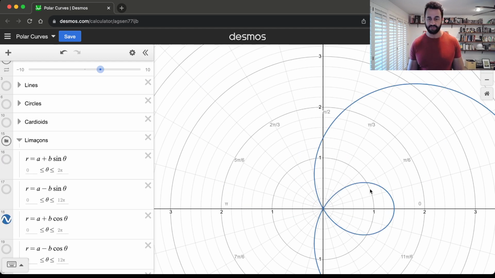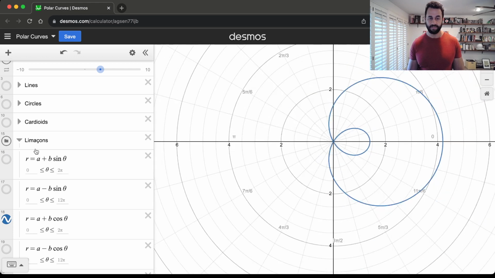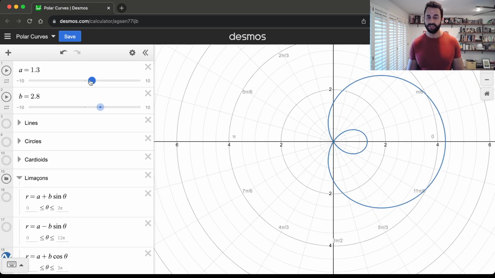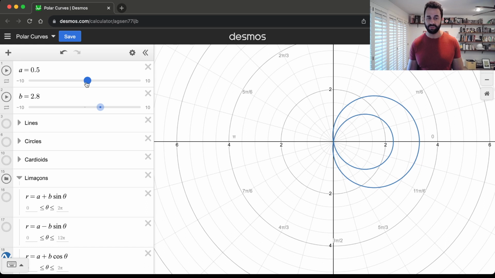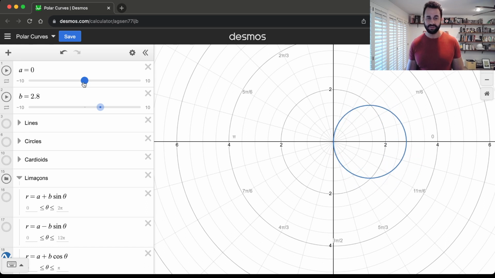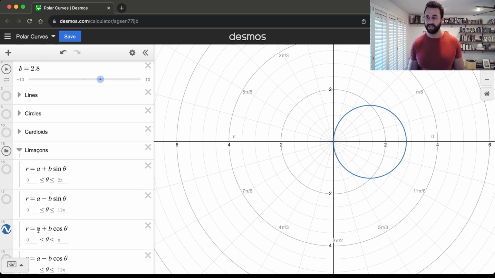Cosines will put you to the left or to the right. There you go. And again, I encourage you to tweak all these things and play around with them. Oh, look what happens when I make A equal to 0. That makes sense. If A is equal to 0, then this term right here is gone. And so you just have B cosine theta, which is going to be a circle.